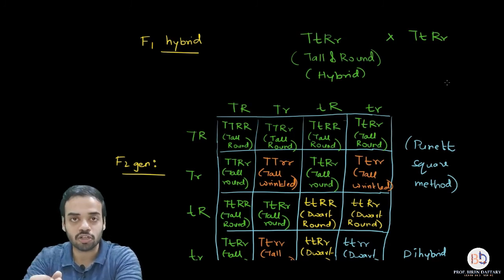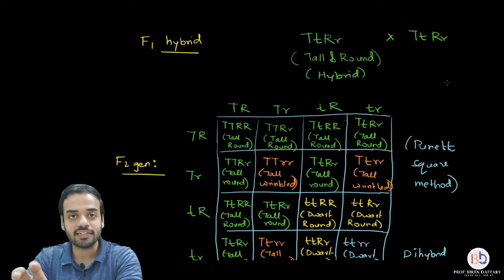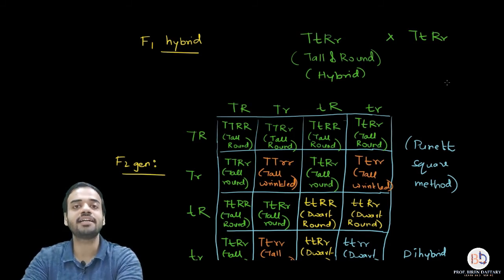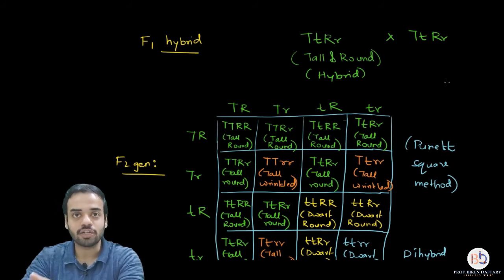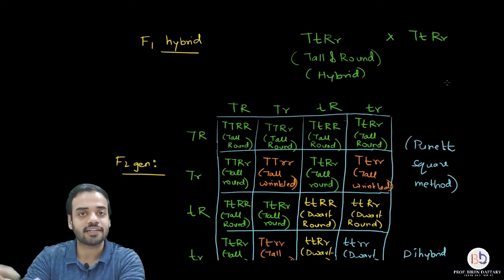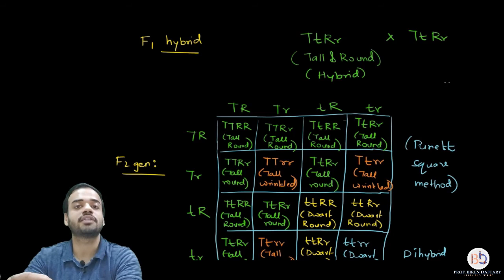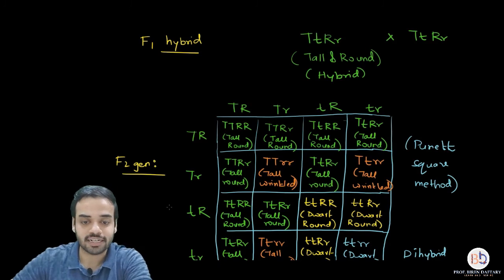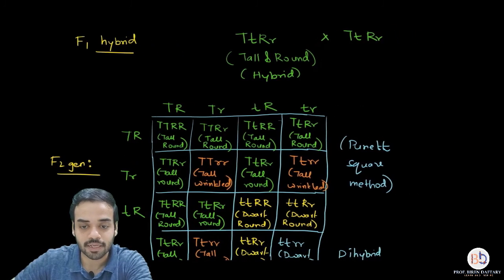In a cross between two organisms showing more than one character, the inheritance of one character or inheritance of alleles of one character is independent of the other character, or it is independent of the inheritance of the other character. So that is the law of independent assortment.